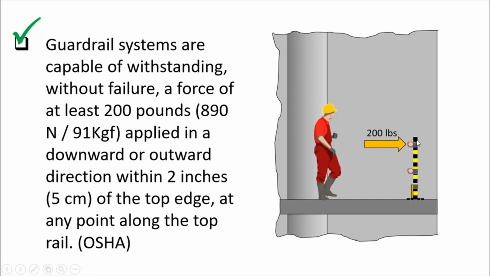So if we have edge protection and you apply a horizontal load, it must sustain this load without failure at the topmost or any point of the edge protections. This is the requirement from OSHA.